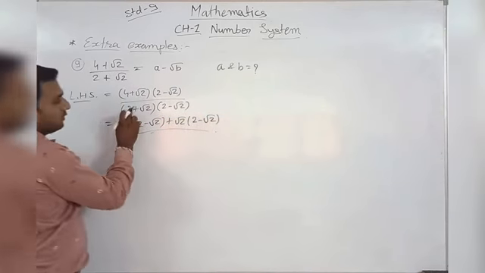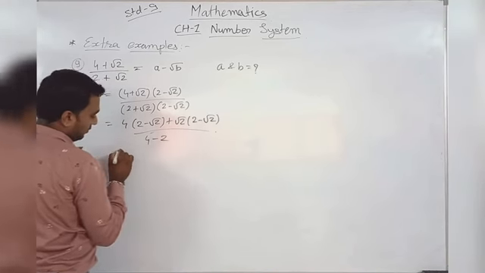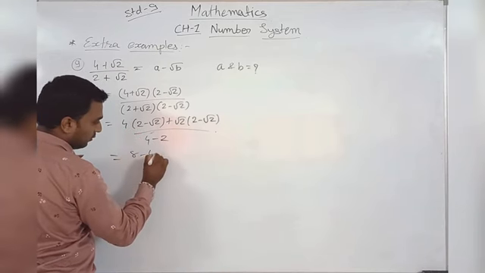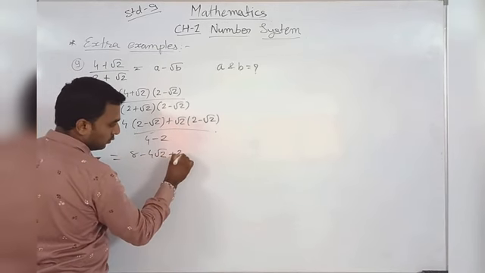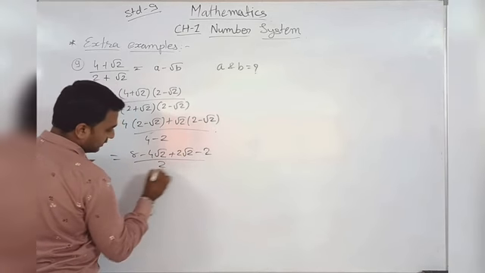Then in the denominator, (a plus b)(a minus b) is a square minus b square. So in the numerator, 8 minus 4 root 2 plus 2 root 2 minus 2. In the denominator that is 2.